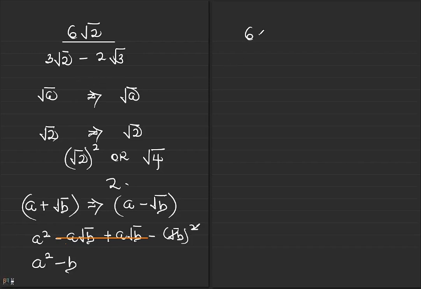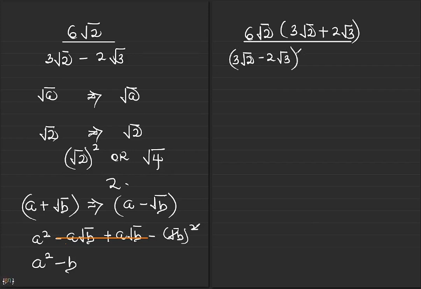Hence, we have 6 root 2 times 3 root 2 plus 2 root 3. That is for the numerator. Then for the denominator, we have 3 root 2 minus 2 root 3 multiplying itself, that is 3 root 2 then plus 2 root 3.